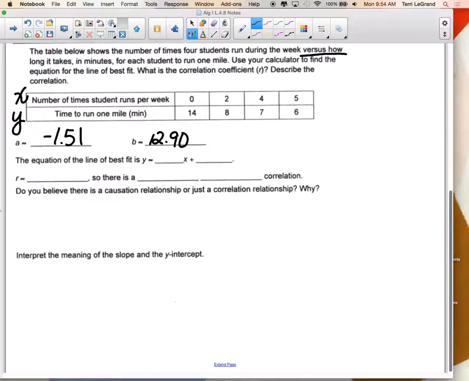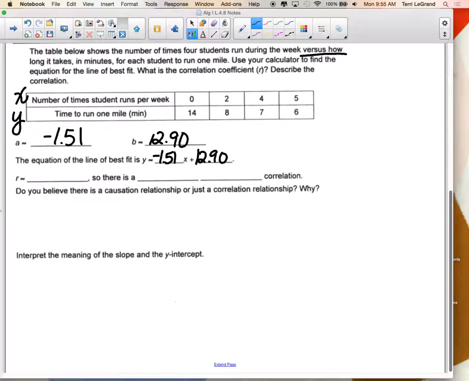Okay, so we did get a negative slope. We have a y-intercept of just under 13. So what would the equation of the line of best fit be? y equals negative 1.51x plus 12.90, right?